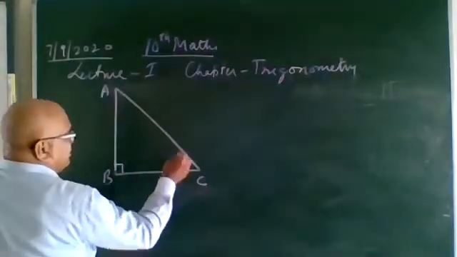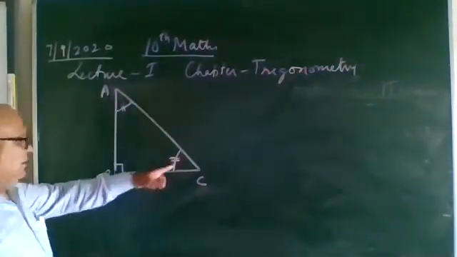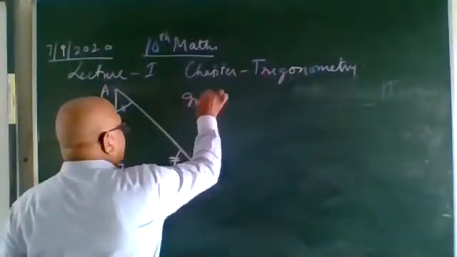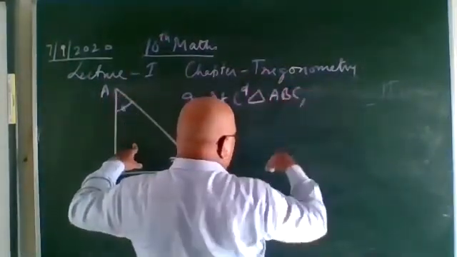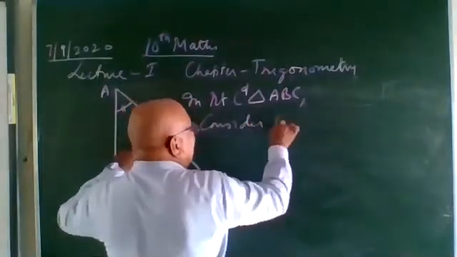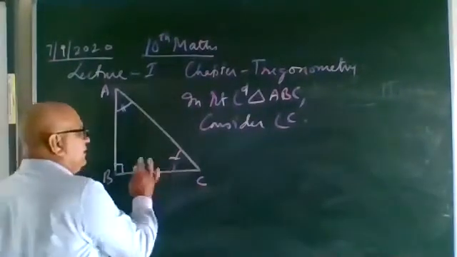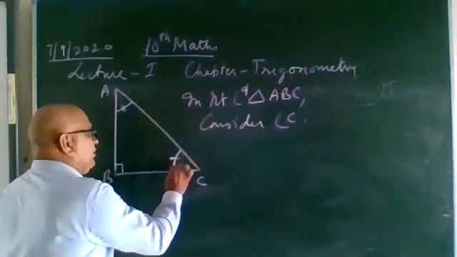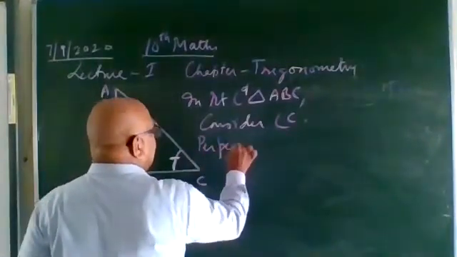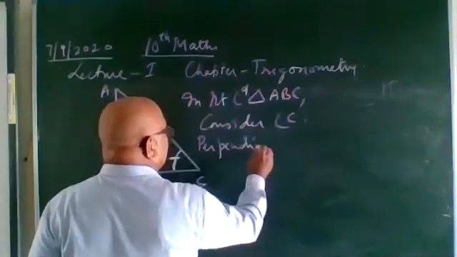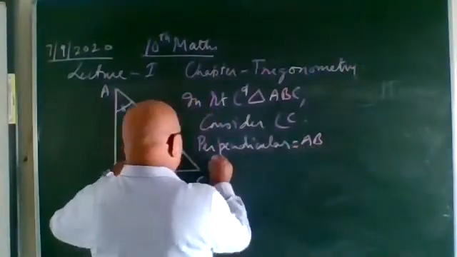This is triangle ABC. In right angle triangle ABC, consider angle C. When you consider this, the perpendicular is AB, the base is BC.